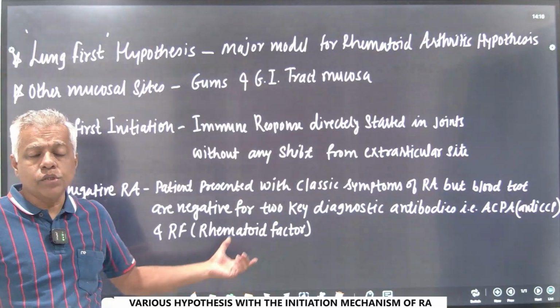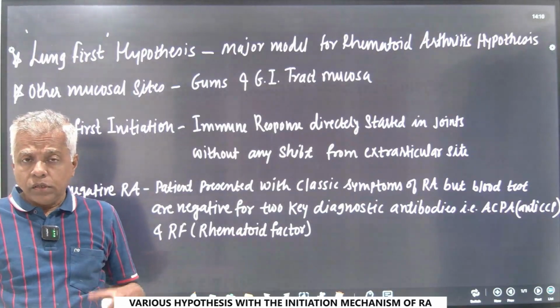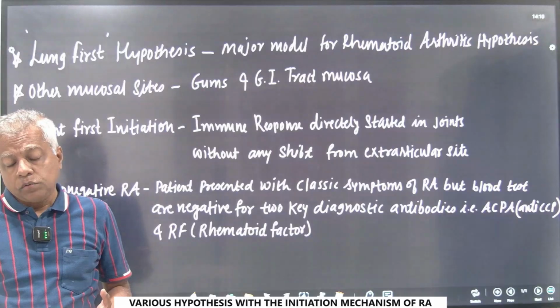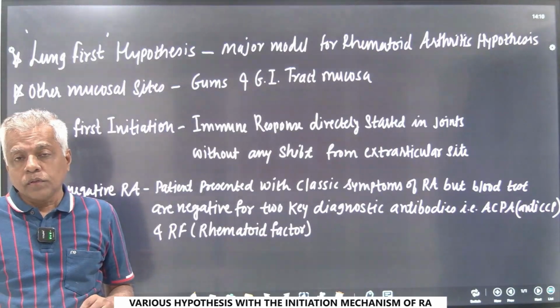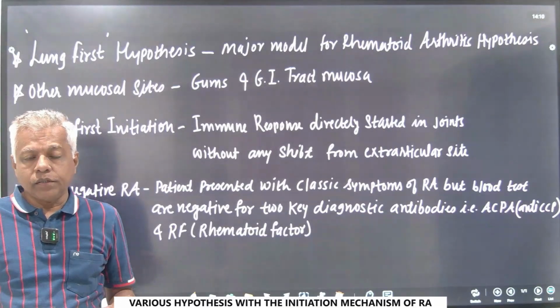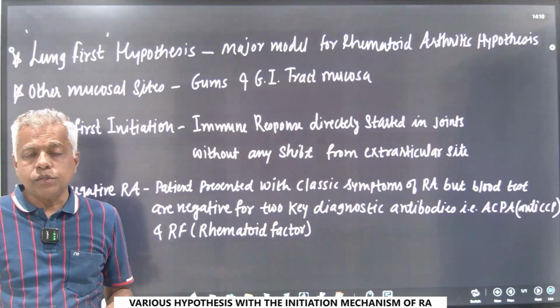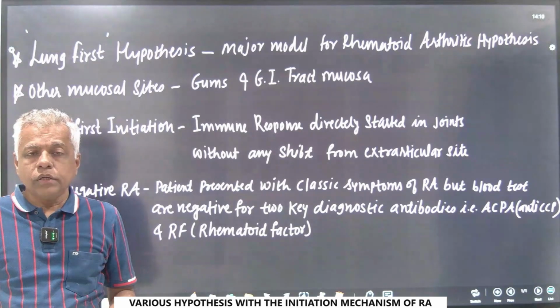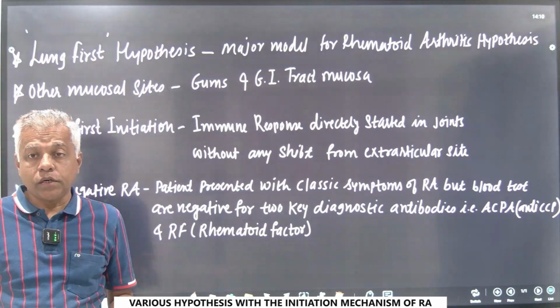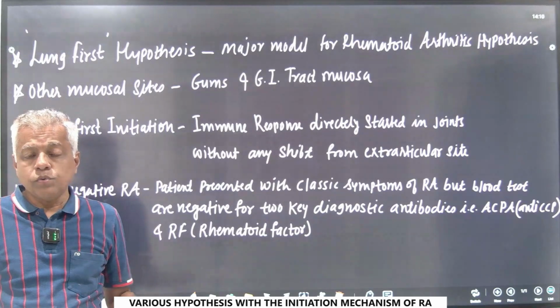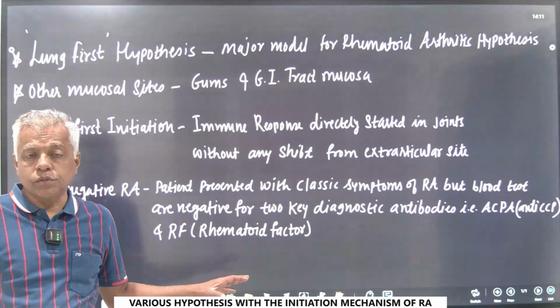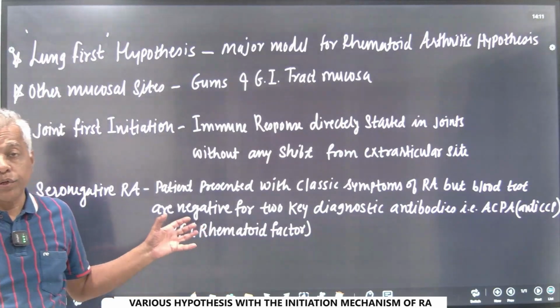Anti-citrullinated protein antibodies or anti-CCP antibodies and RF antibodies. Both these antibodies we find are absent in this patient. So this patient, where all the classical symptoms of rheumatoid arthritis are present without any presence of the antibodies in the serum, we call a seronegative RA.